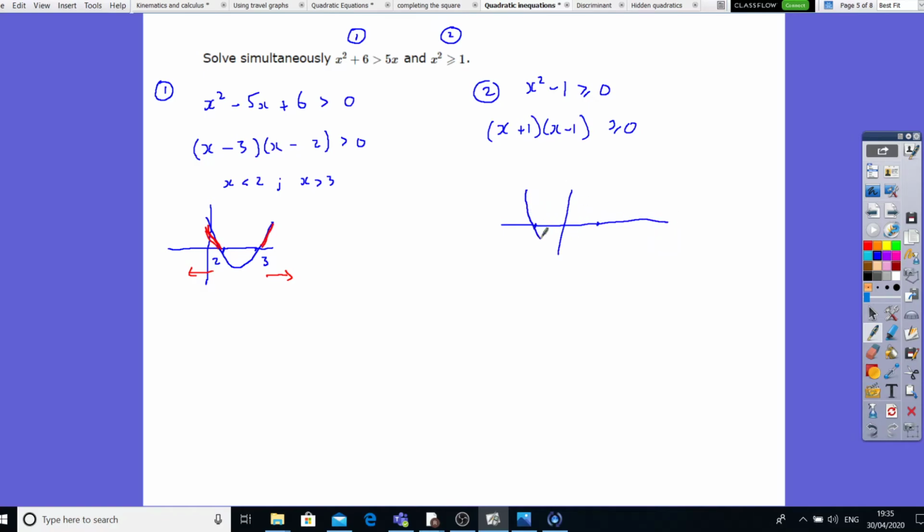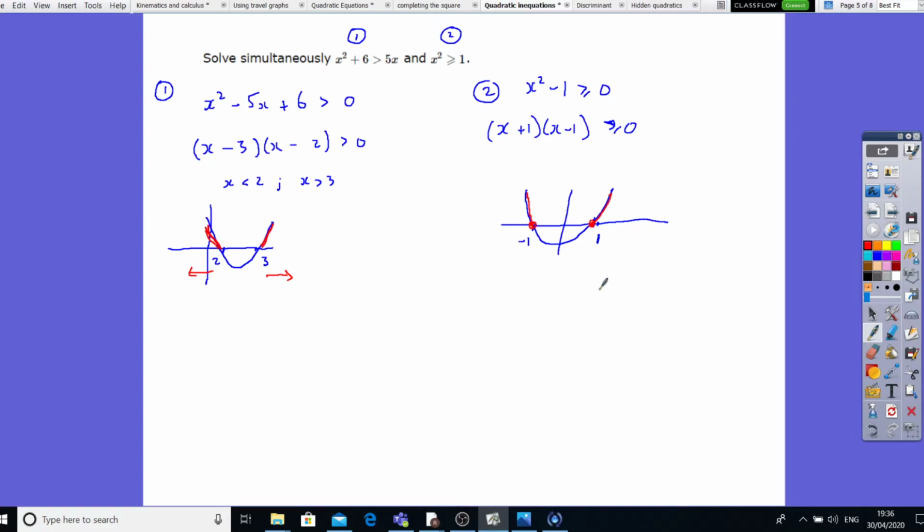It's a positive quadratic, so we go up and down. So this point is 1. This point is minus 1. We want everything which is above or equal to 0.